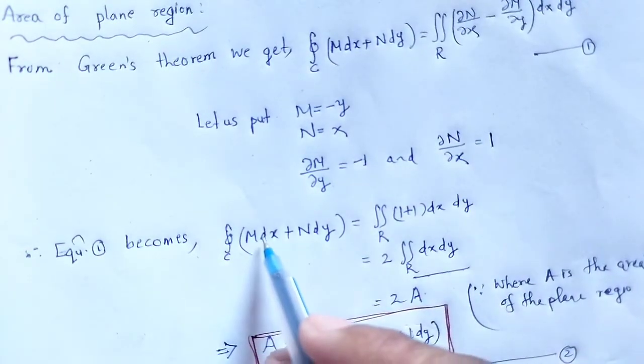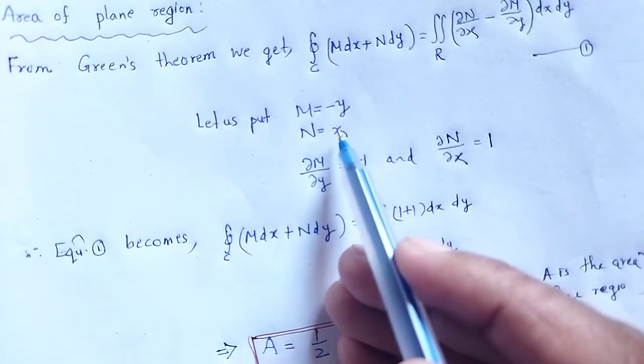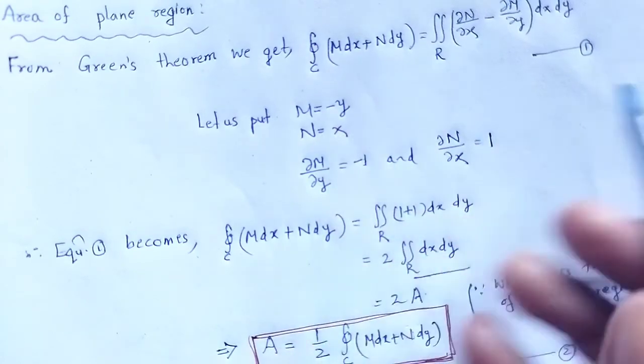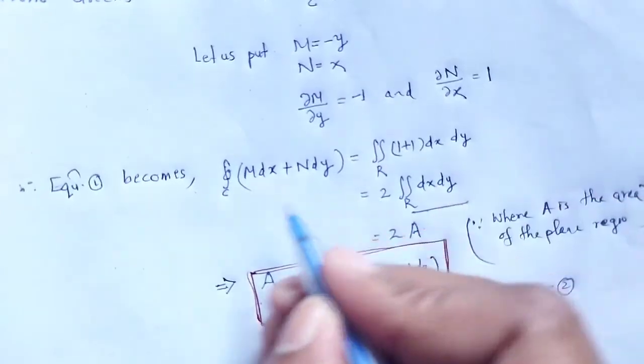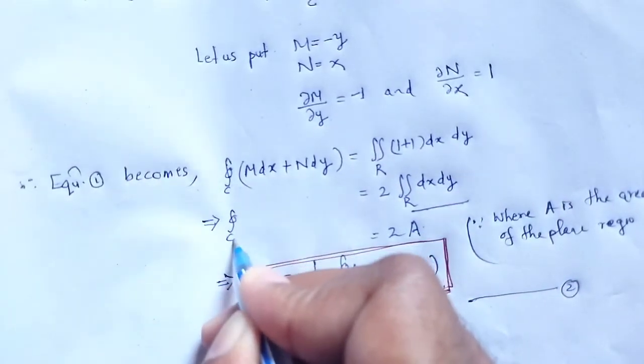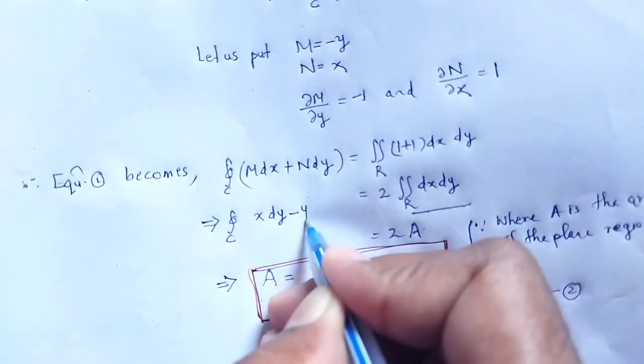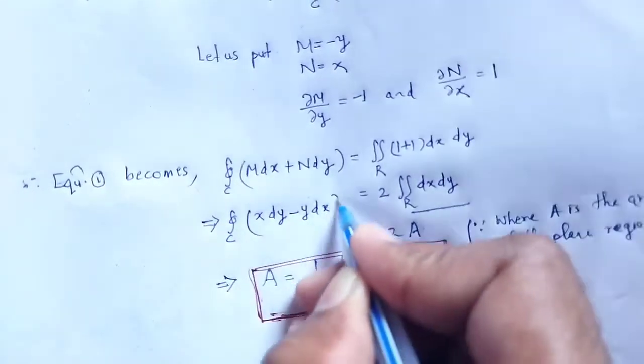In place of m we put its values, that is integration over C of x dy minus y dx.